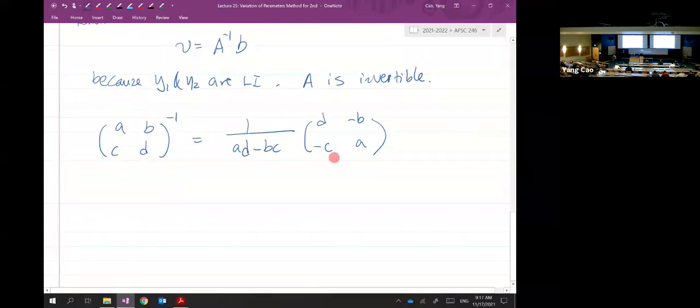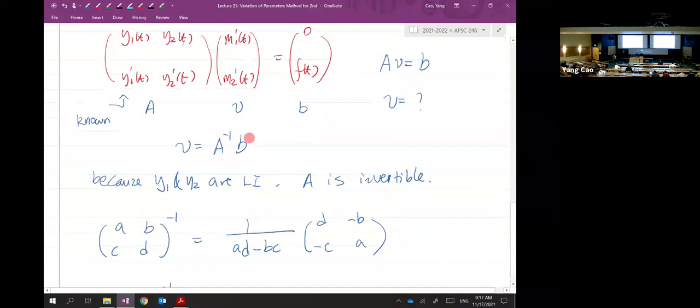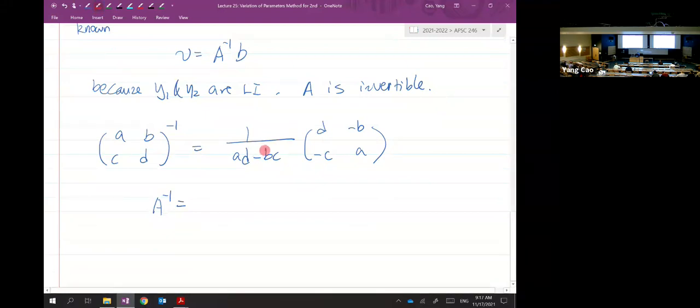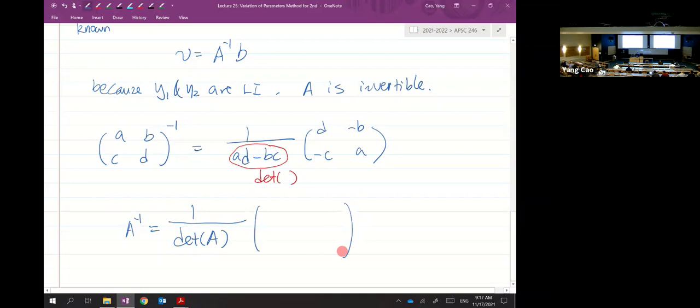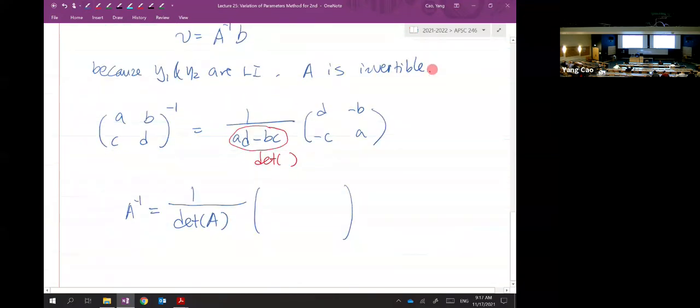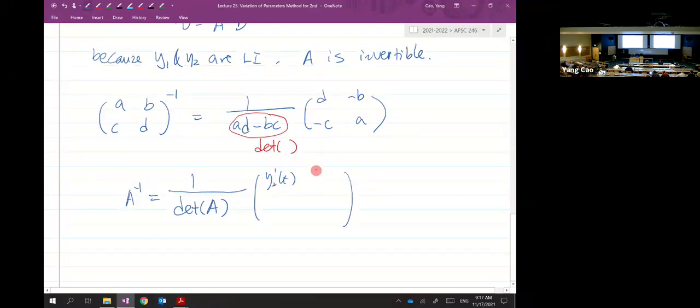Now I'm going to apply this formula to calculate the A inverse. Here's my A matrix. First of all, the denominator is essentially the determinant of this matrix. So A inverse, according to the formula, you first calculate the determinant of the matrix A, then multiply by a matrix in this format. y2 prime shows up in the first element, and y1 goes down here, then you add a negative sign in front of the other two elements.